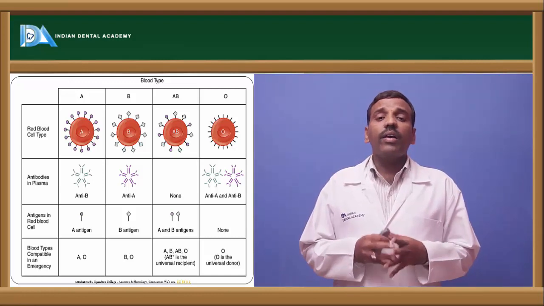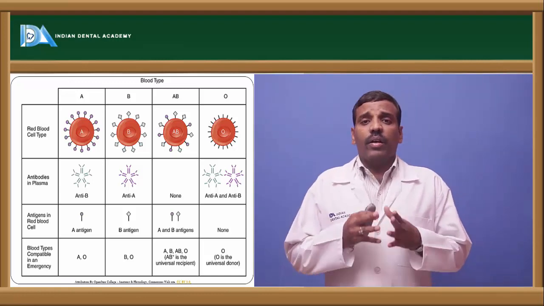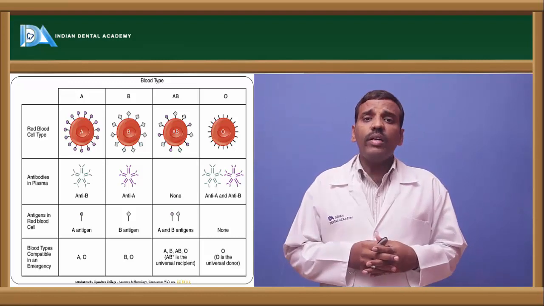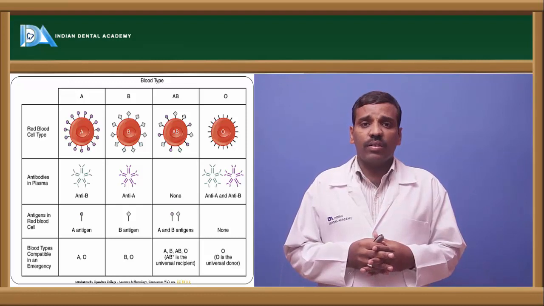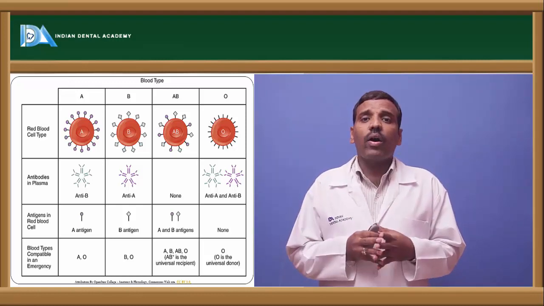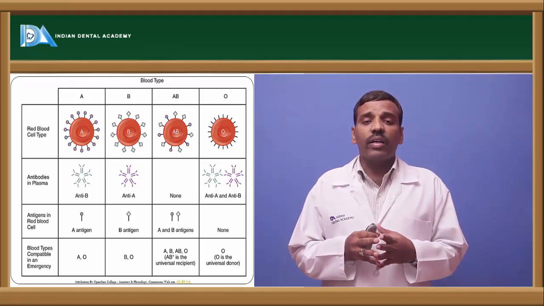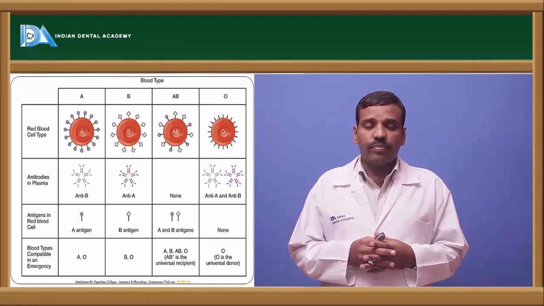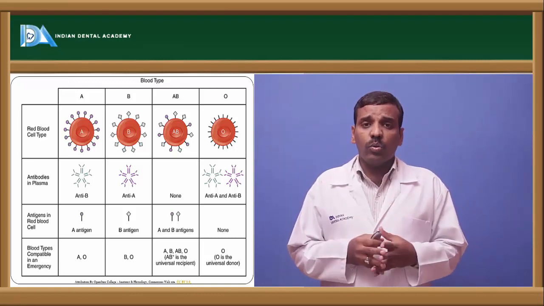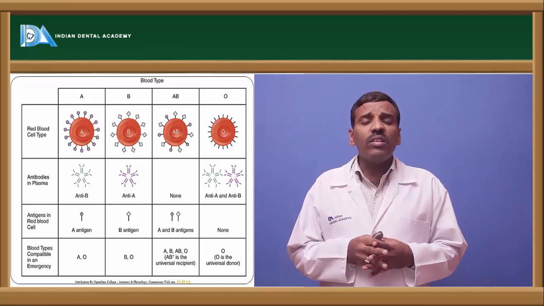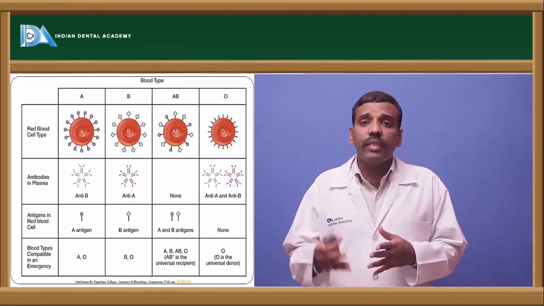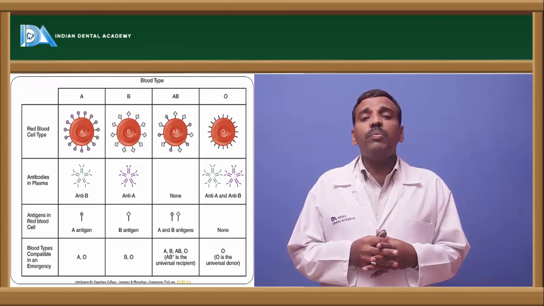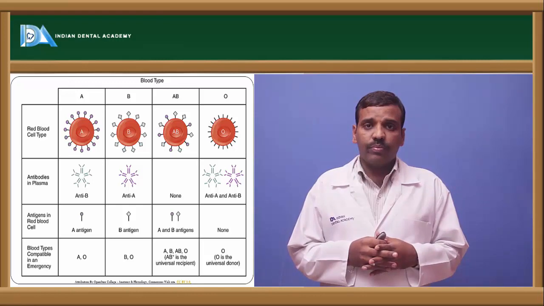Law 1: if one type of antigen is present on the surface of the RBCs, the corresponding or same type of antibody must be absent. Law 2: if one type of antigen is present on the surface of the RBCs, the opposite type of antibody must be present in the plasma.